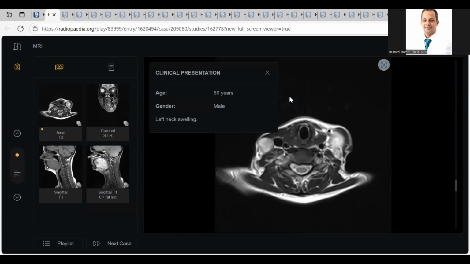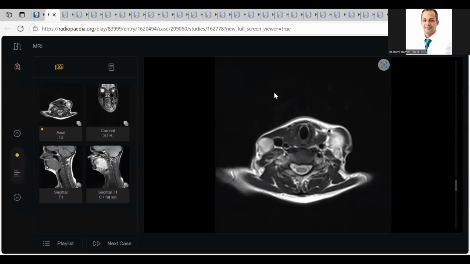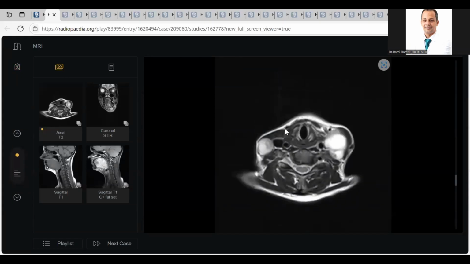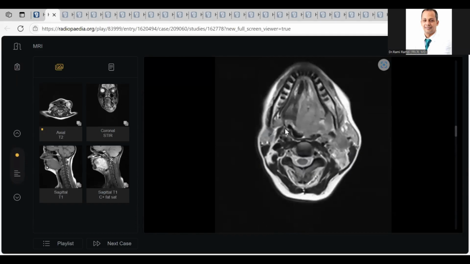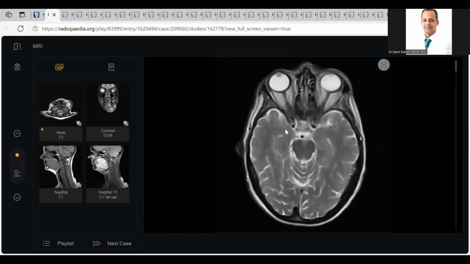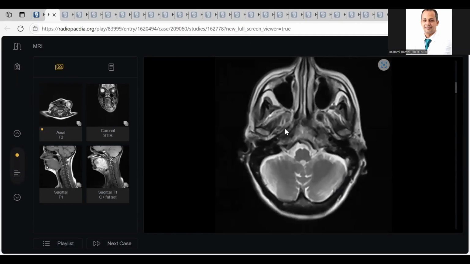Okay, sir. A 60-year-old male patient has left neck swelling. Go on. I am provided with T2 axial images of a 62-year-old male patient who presented with neck swelling. First of all, I'll scroll from the top.